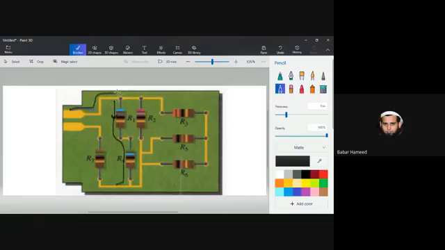Again, current is flowing further. One more node where current is spreading and flowing through R2 and going back to the home.